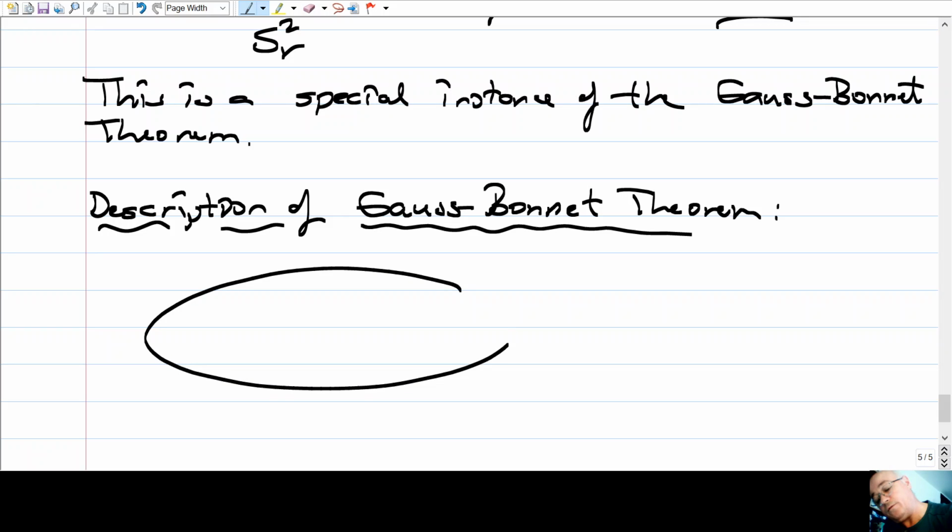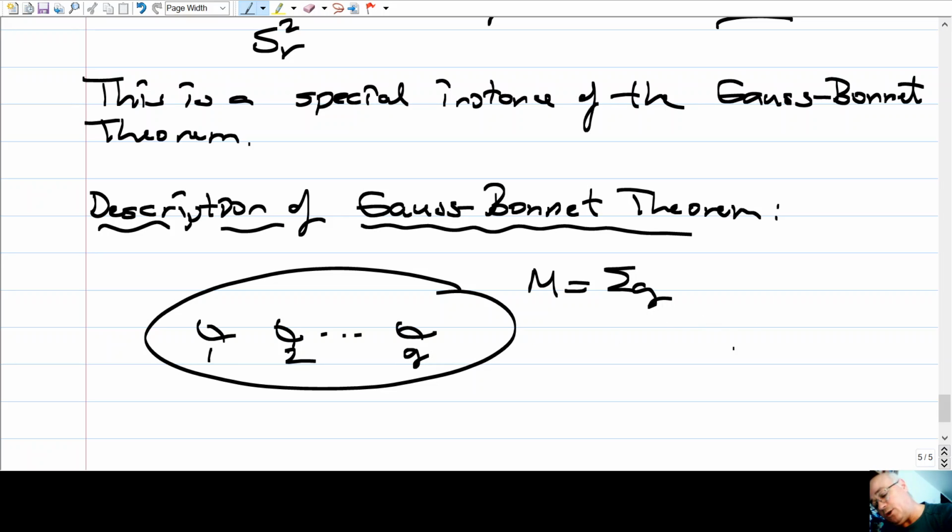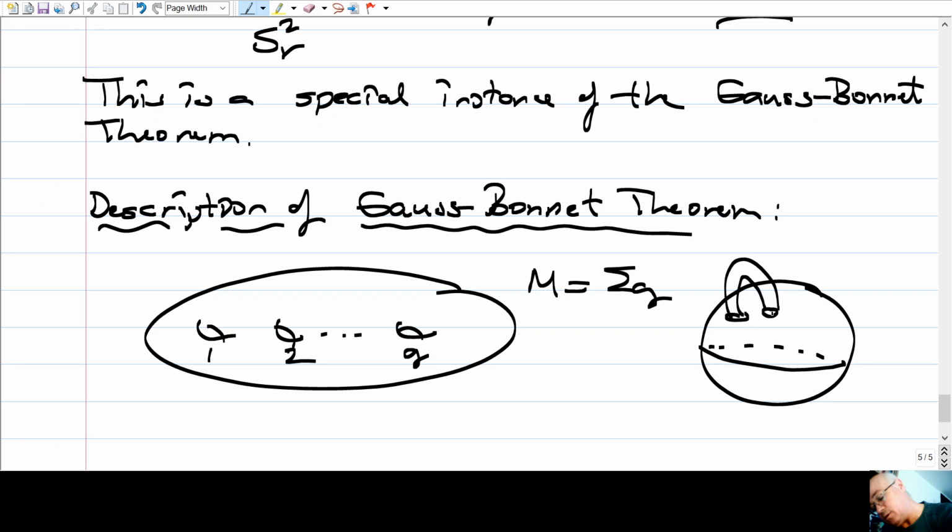Suppose I have a surface M, and suppose this is a surface of genus g. So this is a surface like this. You may think of this as follows: you have a sphere, and you attach handles like this. Not n, but g handles. 1, 2, g handles.